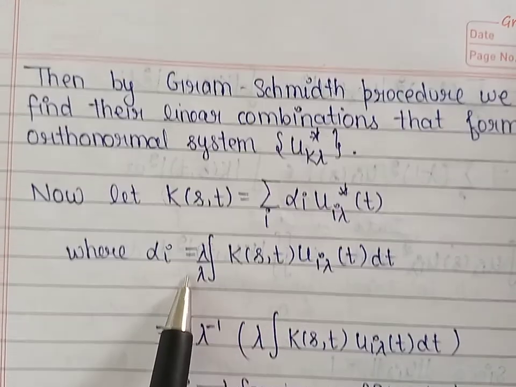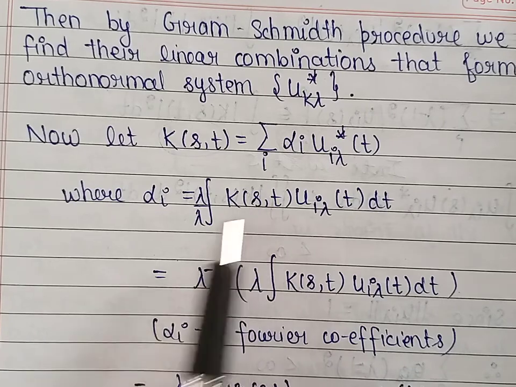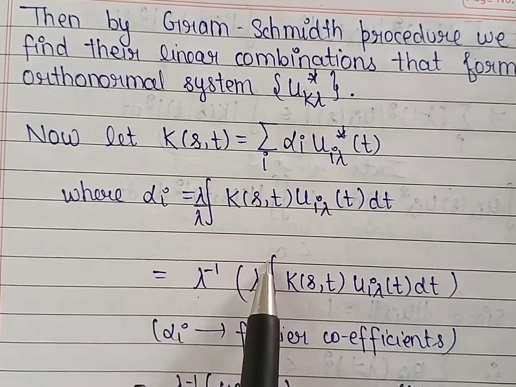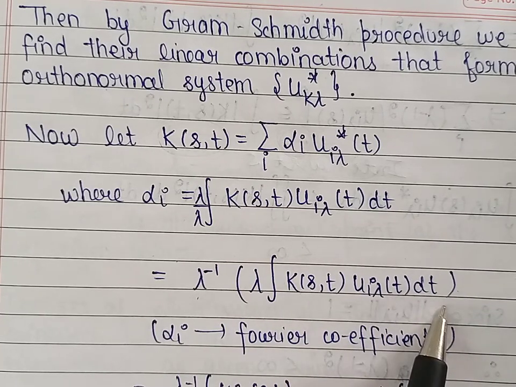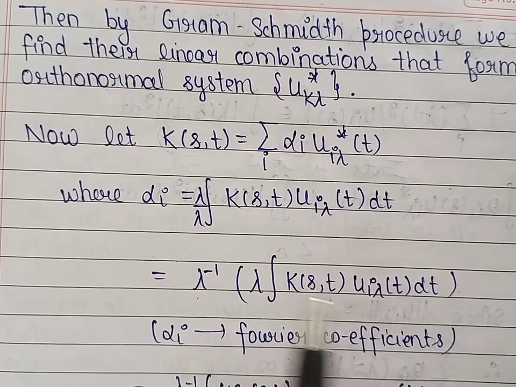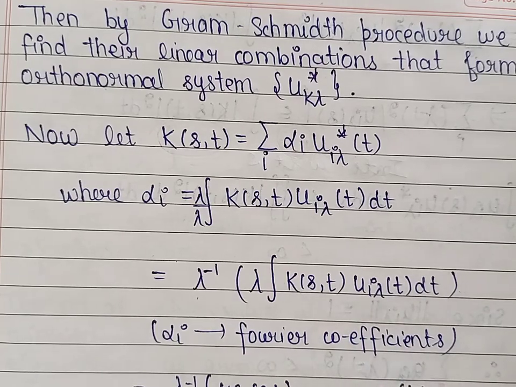Now multiplying and dividing by lambda and taking lambda inside, we get lambda inverse into lambda integral k(s,t) ui lambda(t) dt. Now because the ui lambda are the eigenfunctions corresponding to the eigenvalue lambda, they will satisfy the symmetric integral equation.